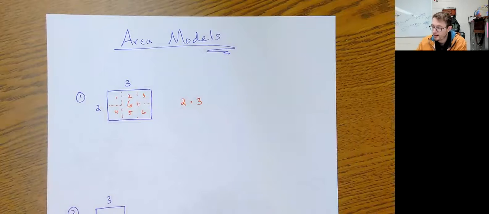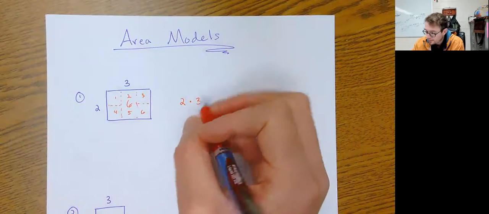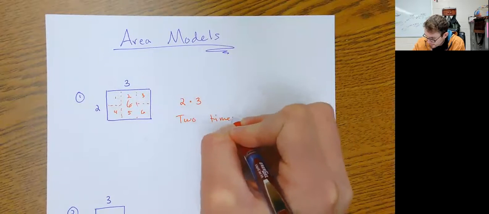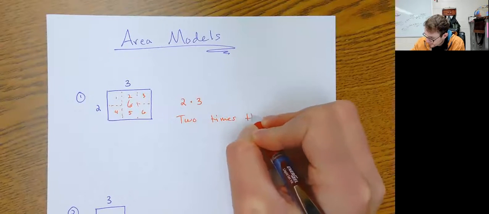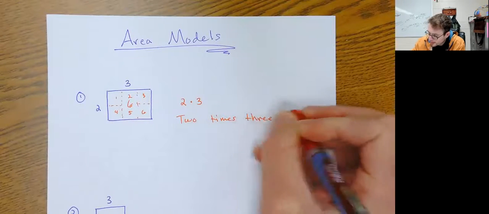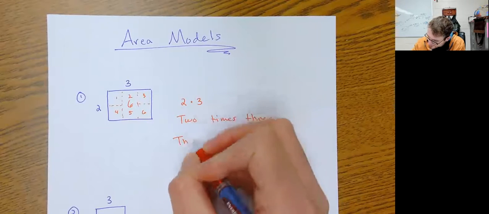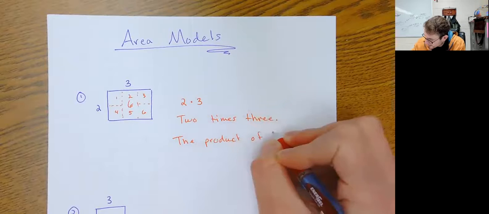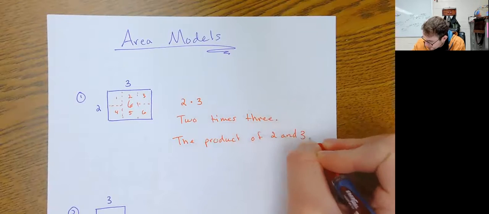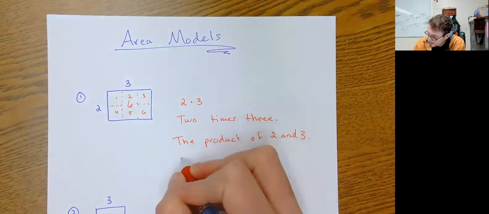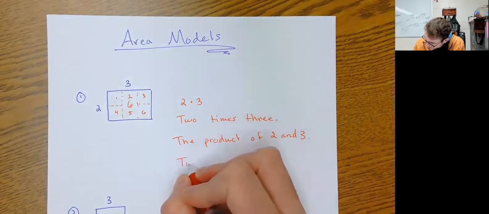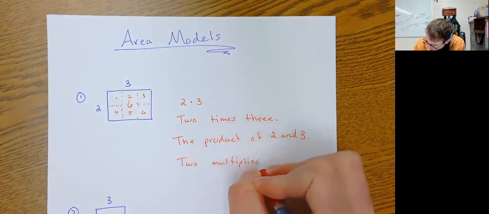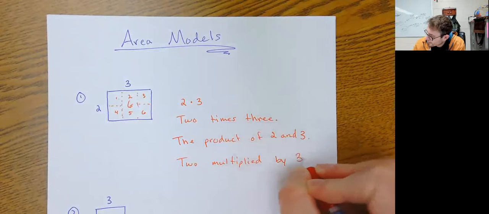And the phrase of that, you could say maybe "2 times 3." Another one could be "the product of 2 and 3," or maybe "2 multiplied by 3."